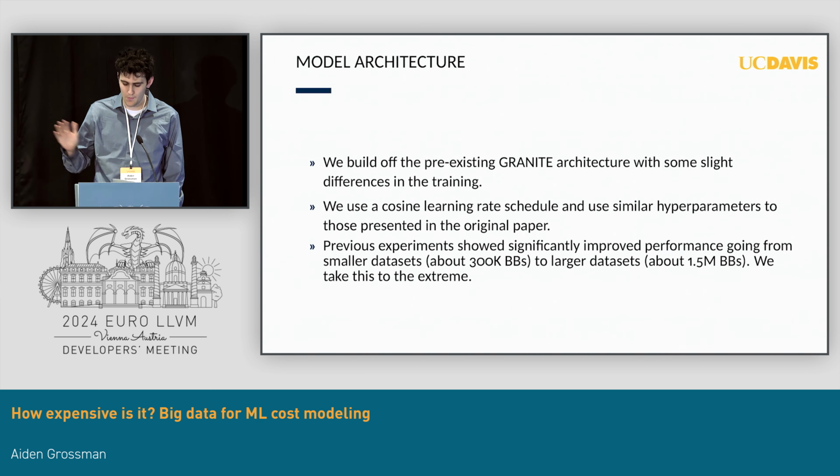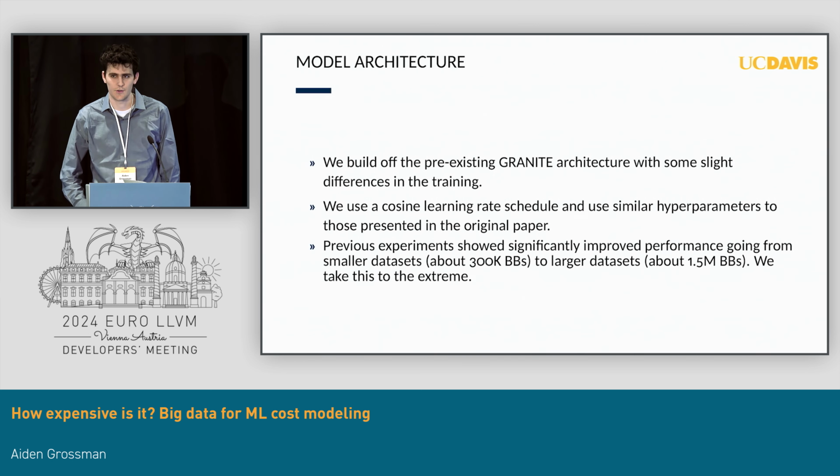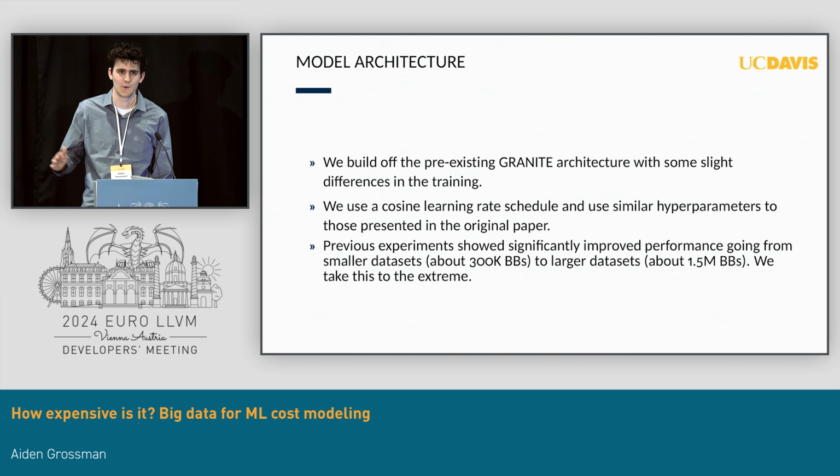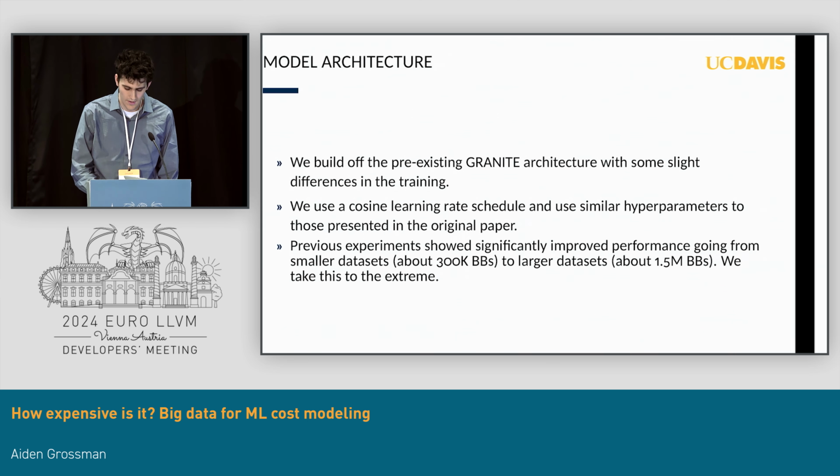We make a couple of hyperparameter adjustments to the original model, mostly going off the hypothesis that bigger data sets will increase performance, which was demonstrated in the original paper, but not to the scale that we're doing here.